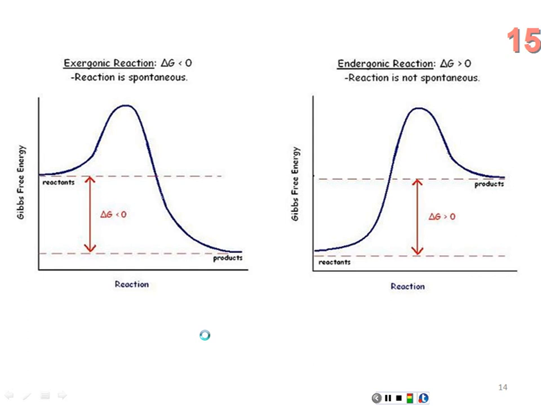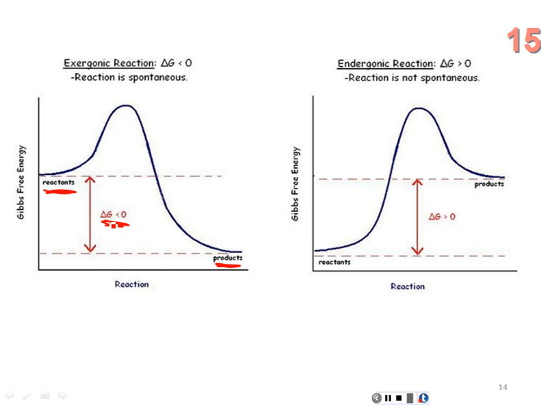A very common way to show delta G for reactions or for processes is using these free energy diagrams. On the left-hand side, you see that the reactants are higher energy than the products. So the overall delta G is less than 0. This is a spontaneous process.